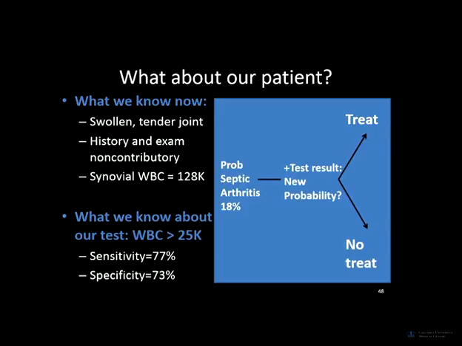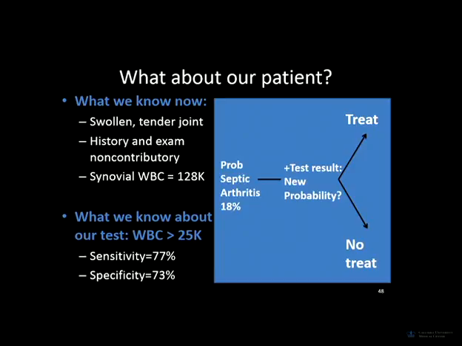So now getting back to our case and our patient. We have this patient with what we know now about the probability of septic arthritis. We know this patient has a swollen tender joint. The history and exam are non-contributory. The synovial fluid WBC is 128,000.